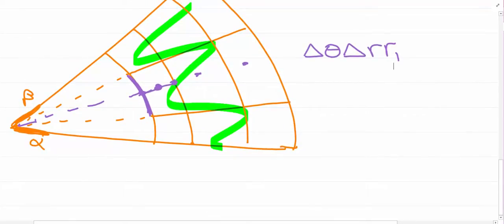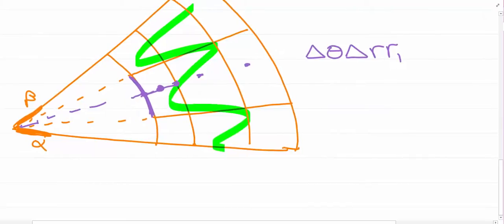That's going to be the area of that thing approximately, right? Any questions about that? It's the average. If this right here is radius 2 and this is radius 1, it's the average between there. Any questions about that?